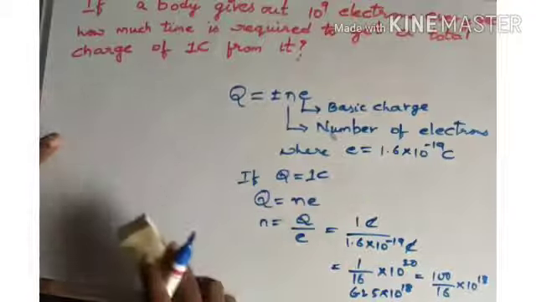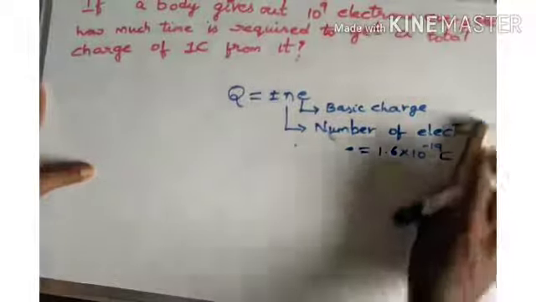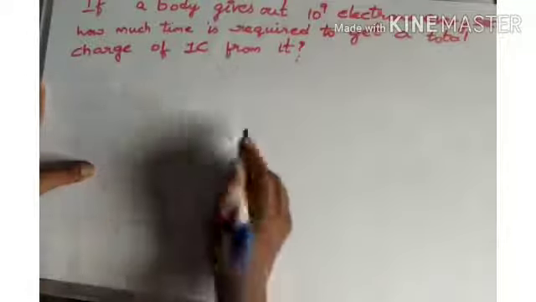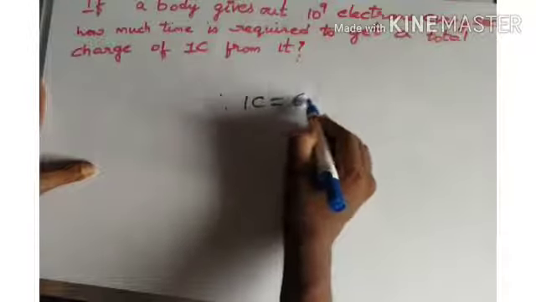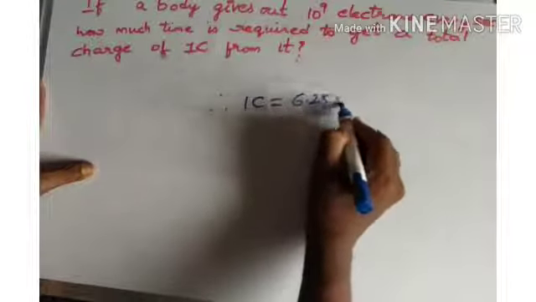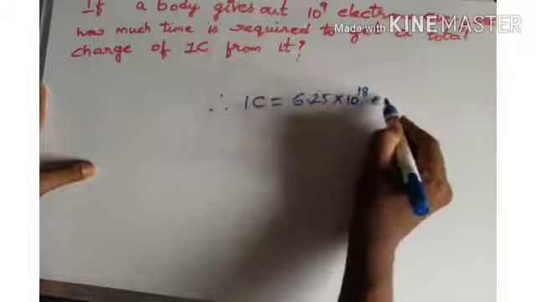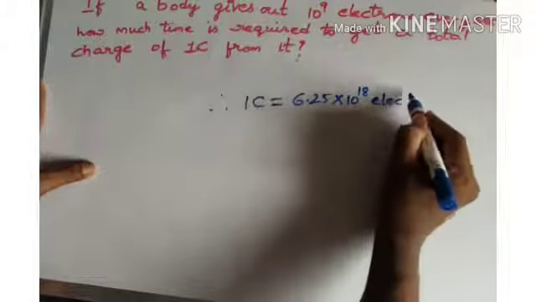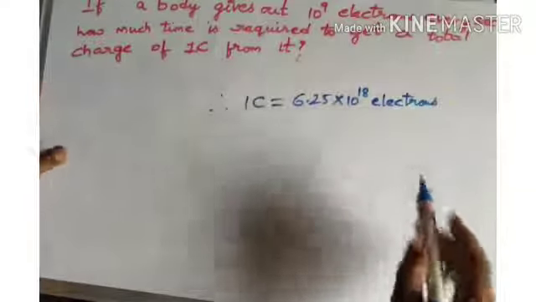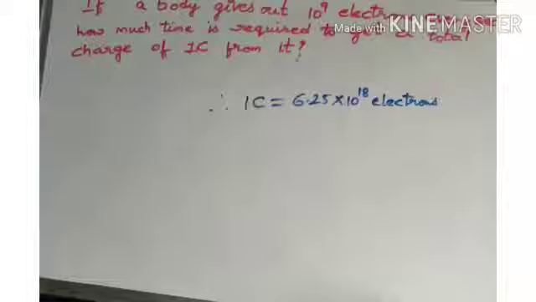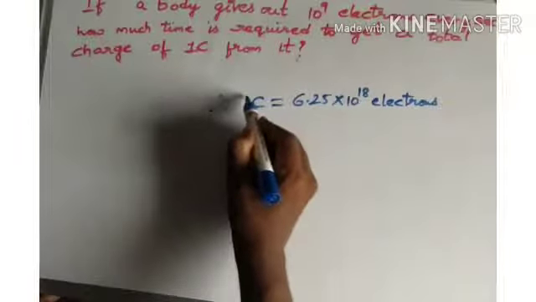Let me rewrite once again. Therefore 1 coulomb is equal to 6.25 into 10 to the power 18 electrons. Of course, electrons is not a unit here. We are just telling how many electrons are there in 1 coulomb of charge.